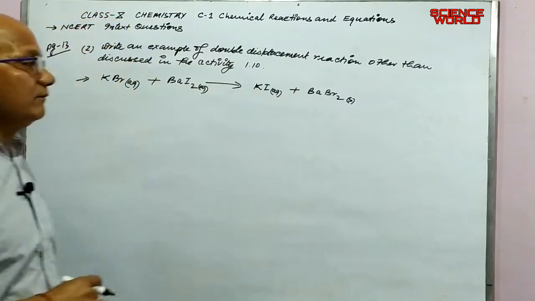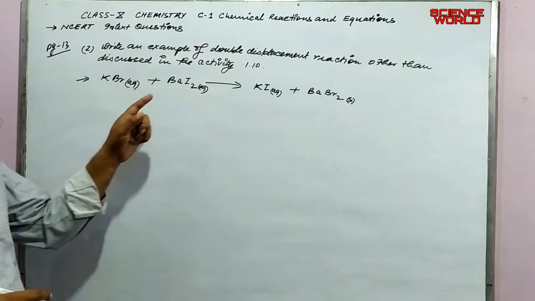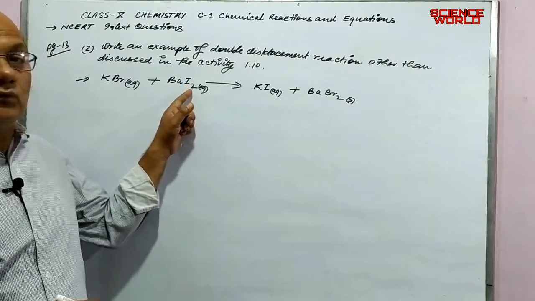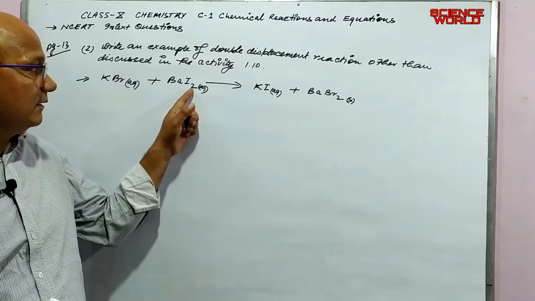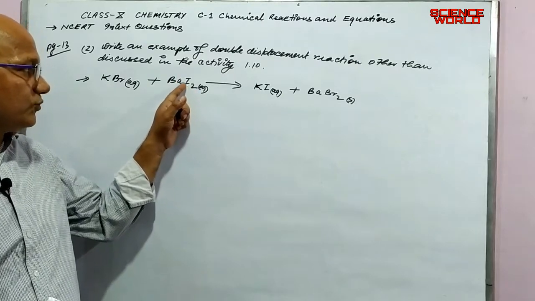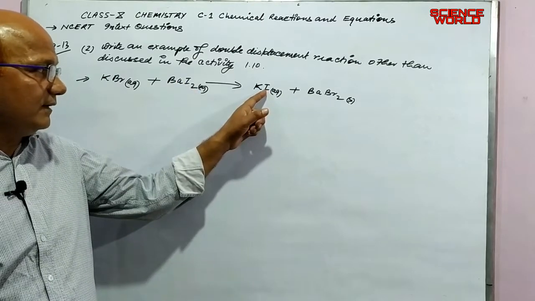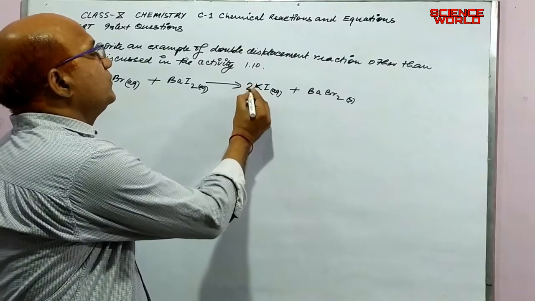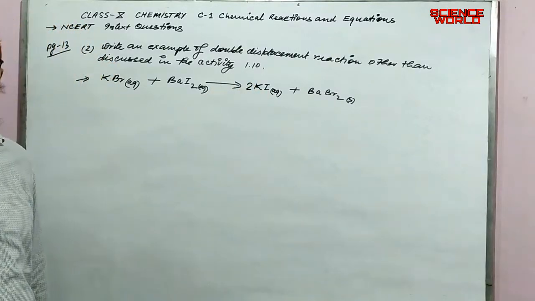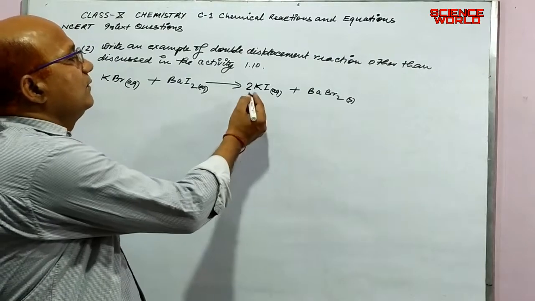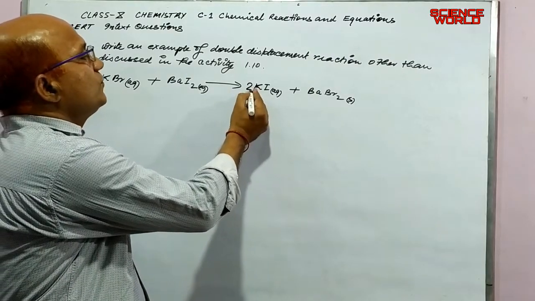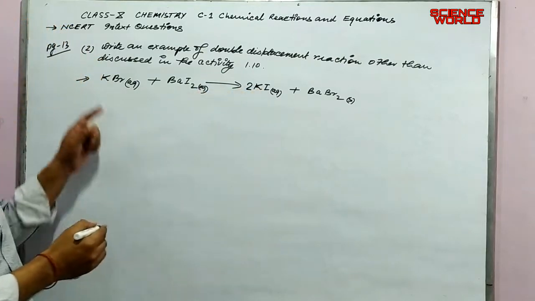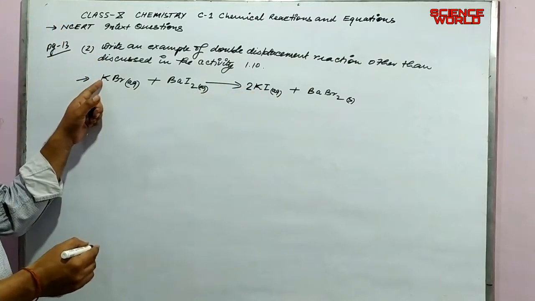You can very easily balance it. You can see BaI2, barium iodide, has two iodine atoms, but here you can see there is only one atom. So, multiply it by 2, iodine is balanced, and now potassium 2K means 2 potassium atoms, and here you can see 1 potassium atom.